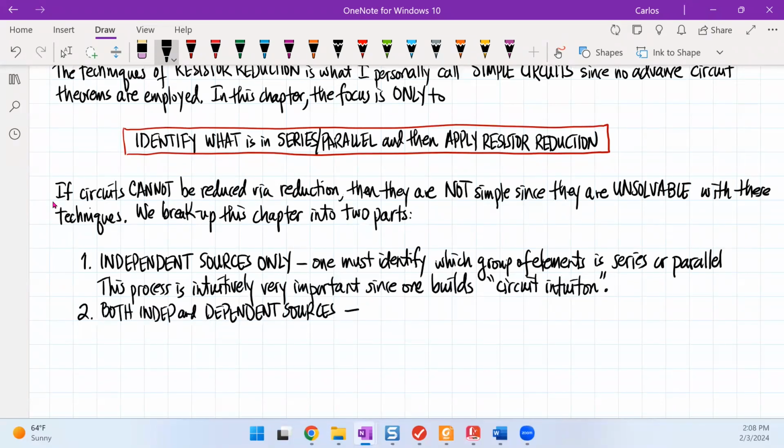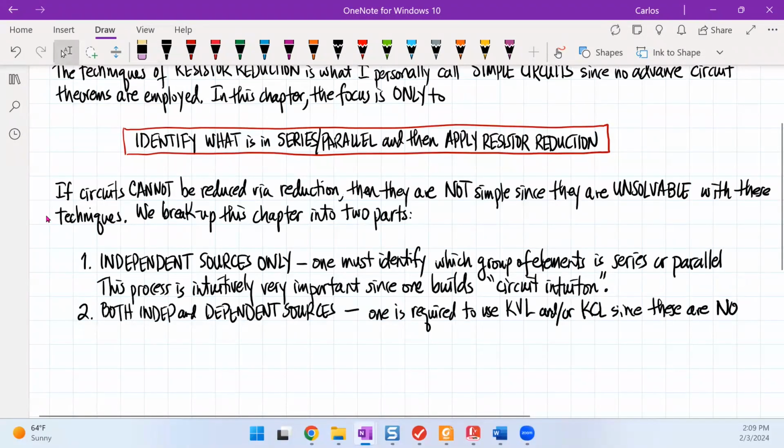What we're going to find here is that the way these circuits are set up, one is required to use KVL, or maybe I should say and/or KCL, since these are not simple circuits.